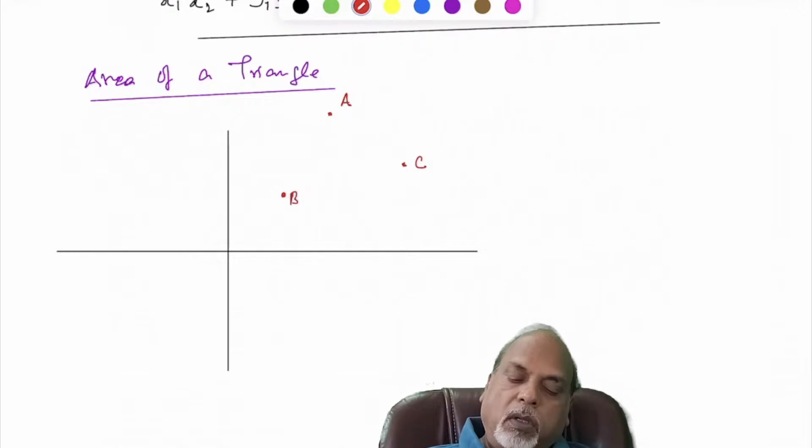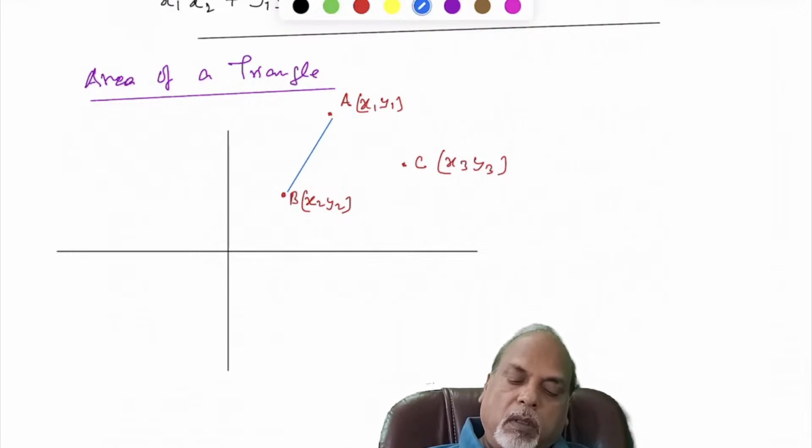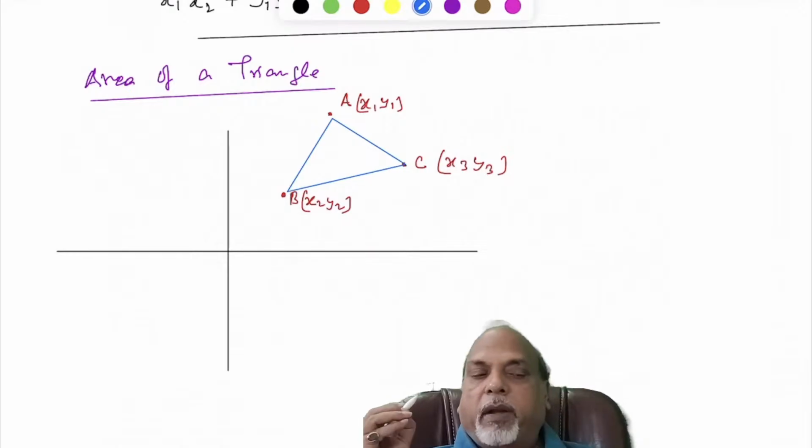This is your x1, y1, x2, y2, x3, y3. We have to find out the area of this triangle.